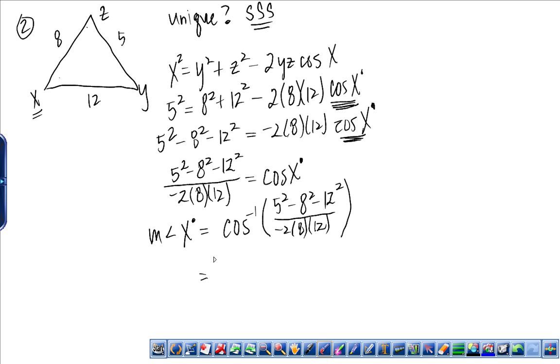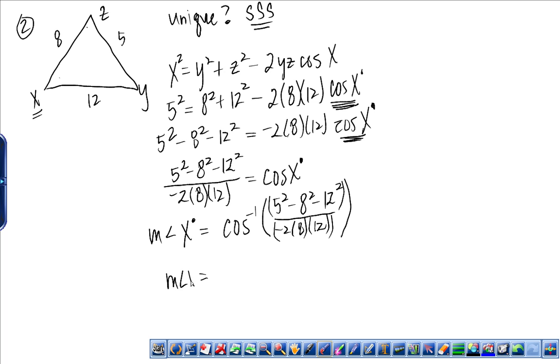Make sure your calculator is in degree mode, and if you would like to plug this in, that's 25 minus 64 minus 144 divided by negative 2 times 8 times 12. If you want to plug this all in at once, make sure that you're using parentheses on the top and parentheses on the bottom. So you're going to have to double up on your parentheses.